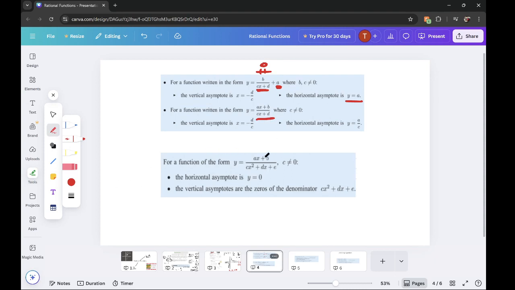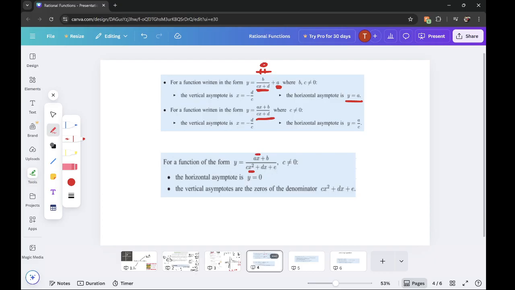And then the last rule is for a function in the form of y is equal to ax plus b over cx squared plus dx plus e. So for your horizontal asymptote, I just want to make it clear over here that it's cx squared plus dx plus e. This is a quadratic at the bottom. There's a higher order of x at the bottom than there is at the top.